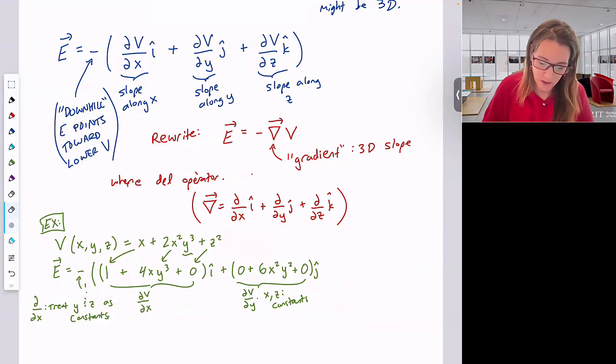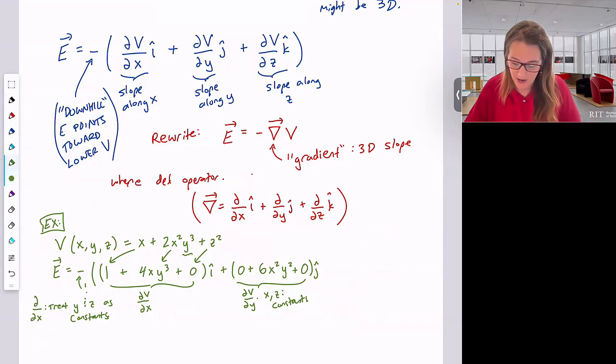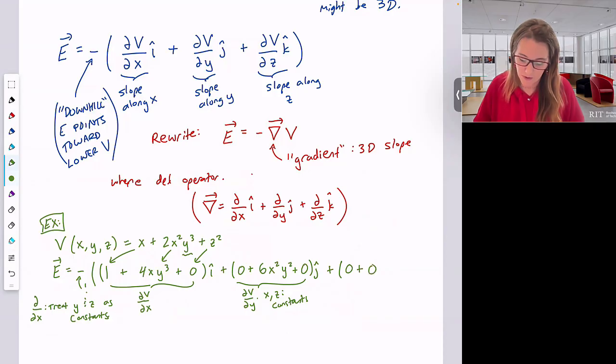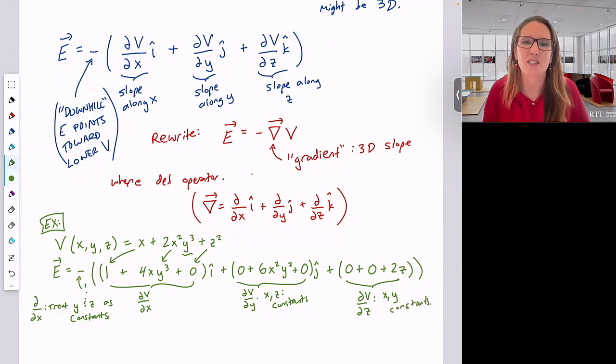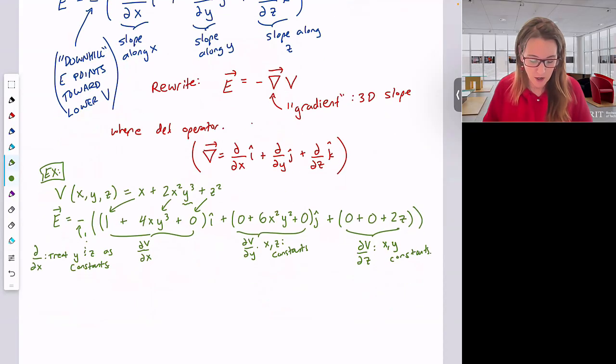And so now we can go ahead and add in our last term, which is going to be the partial V, partial z. So that's going to give me 0 plus, and then that one also has no z dependence, and then plus 2z. And so that partial z was as if x and y were constants. So hopefully you see it's just basically like a normal derivative, but we're just isolating that one variable we care about.